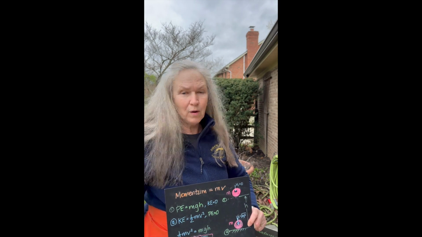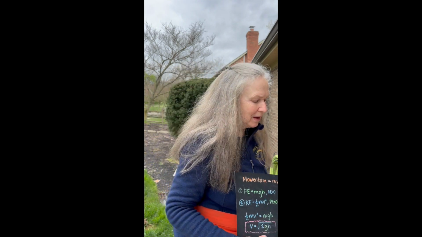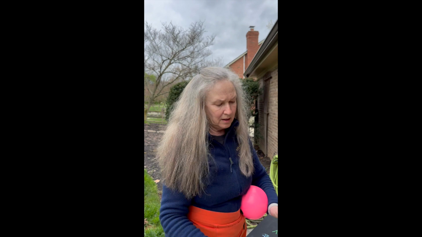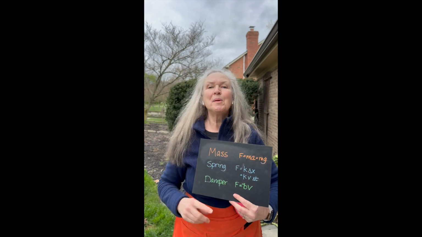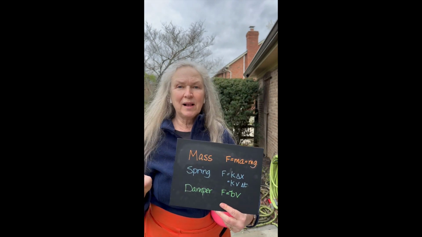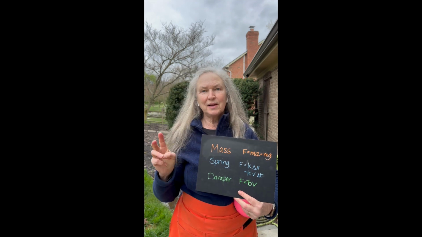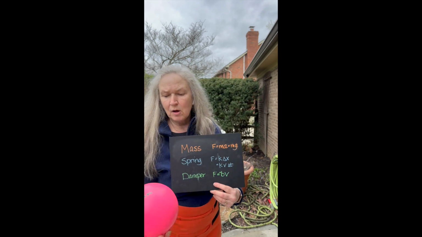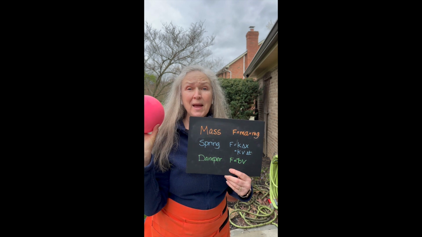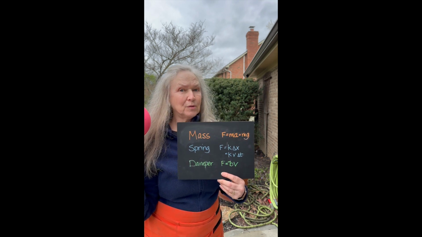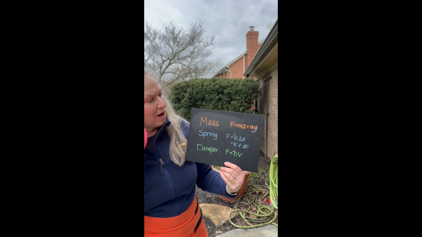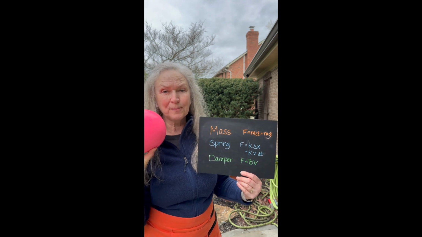Okay, so the next piece of this, let's look at physical systems. Mechanical systems have three elements: masses, springs, and dampers. The force acting on a mass is equal to the mass itself times the acceleration.